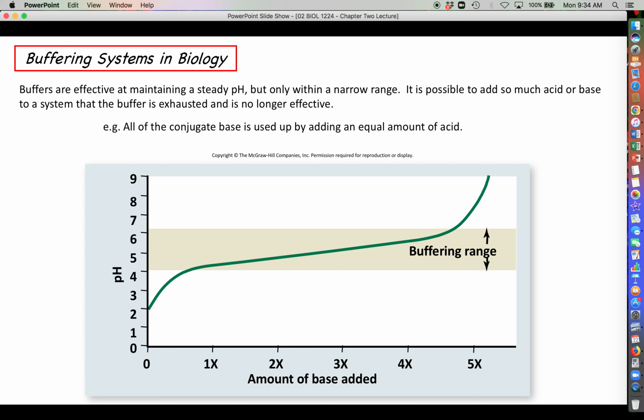But once you get beyond that point, the buffer essentially stops working, because if you add too much acid or too much base, you exhaust the buffer and it becomes no longer effective. In other words, if you use up all the conjugate base or you use up all of the weak acid, then you can't really absorb any more hits in that regard.